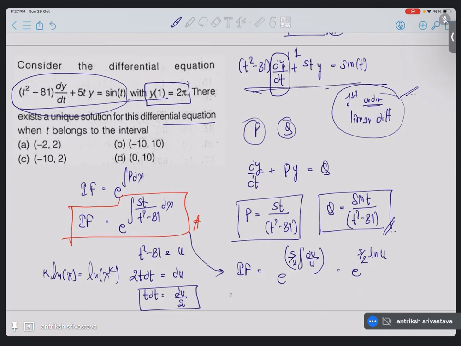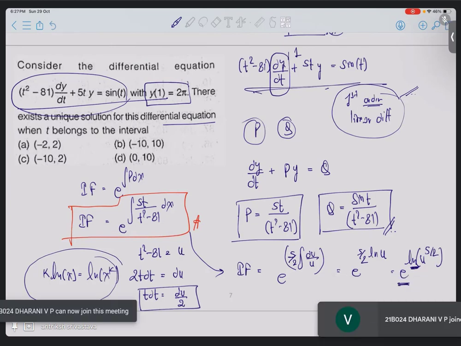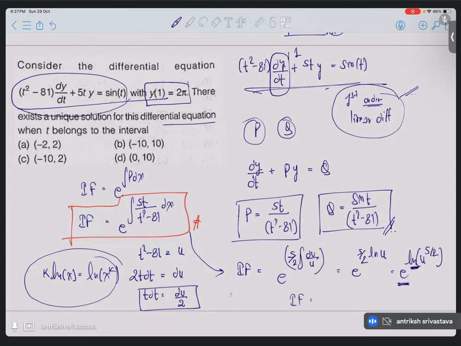So we use this concept here, and this becomes e to the power ln(u^(5/2)). Now again, from the concept that ln and exponential are actually inverse functions, we know that this is going to be u^(5/2).